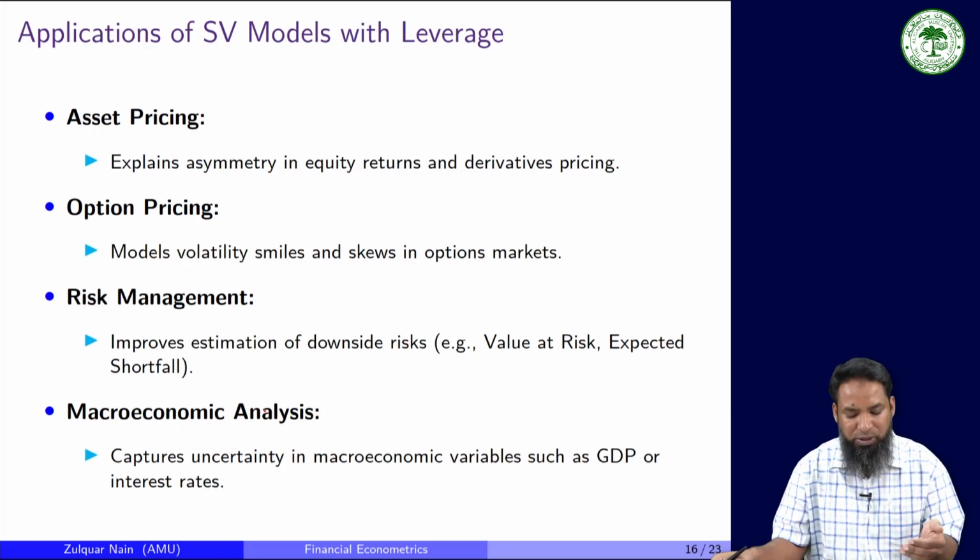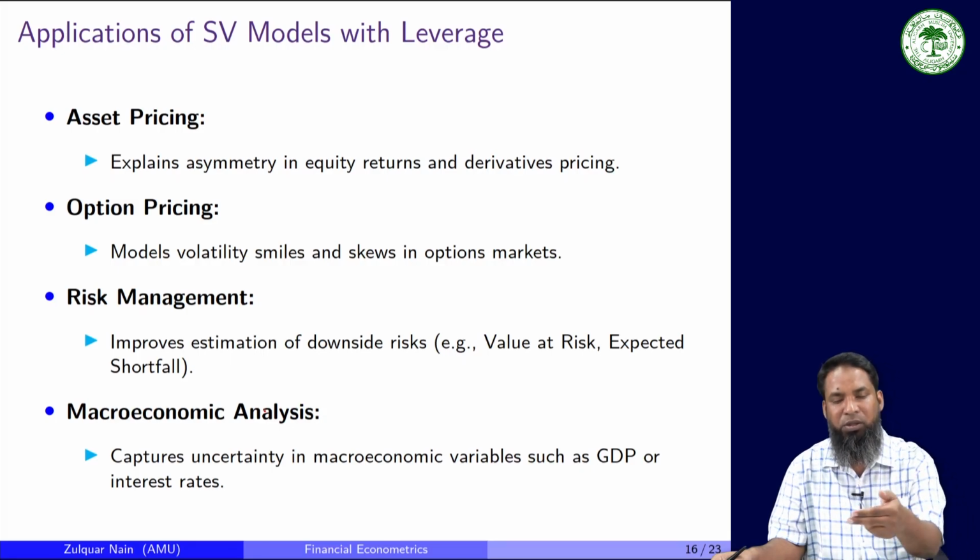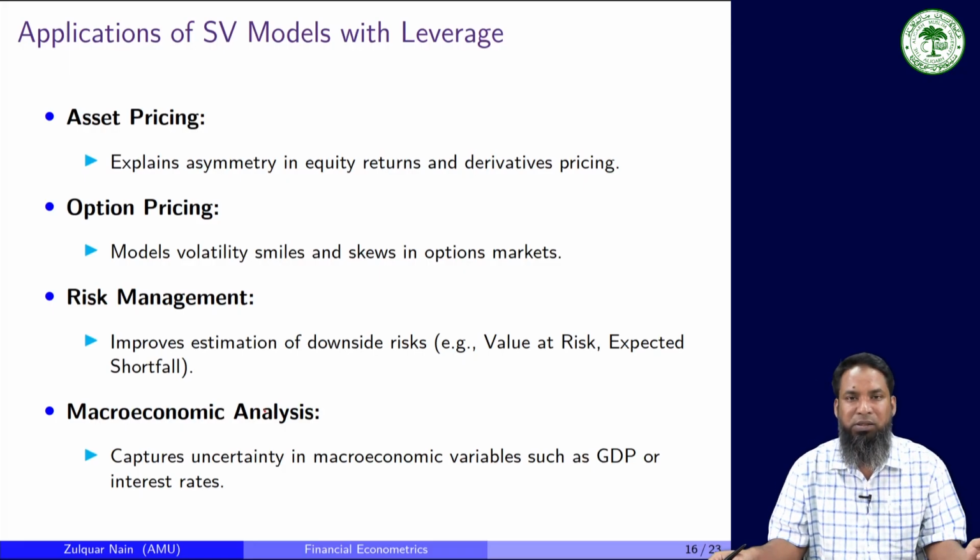It also improves the estimation of downside risk, for example, value at risk or expected shortfall in risk management. It also captures the uncertainty in macroeconomic variables such as GDP or interest rate. These are some applications where we can use the stochastic volatility models with leverage, which will give better results than the other traditional models.